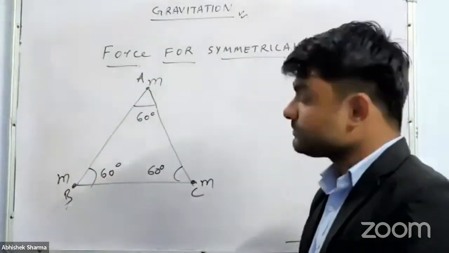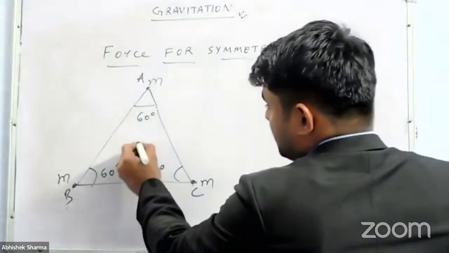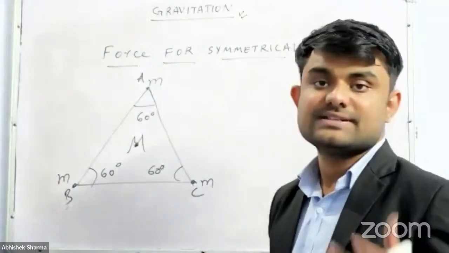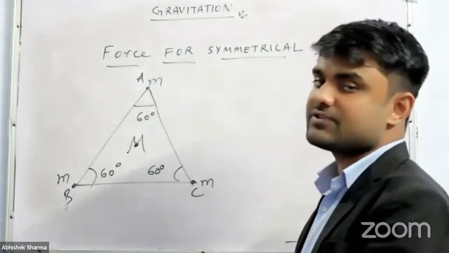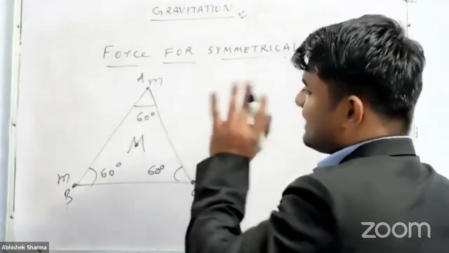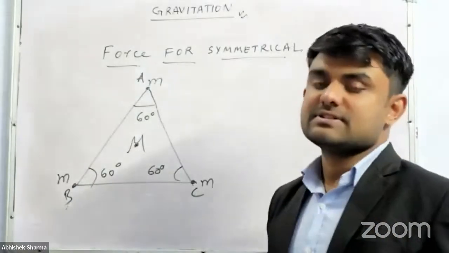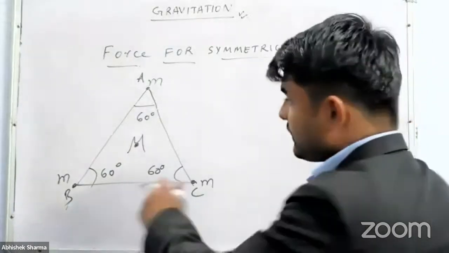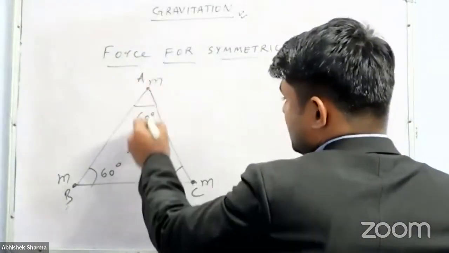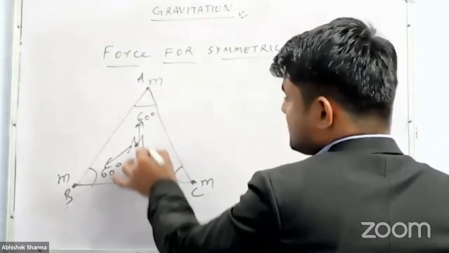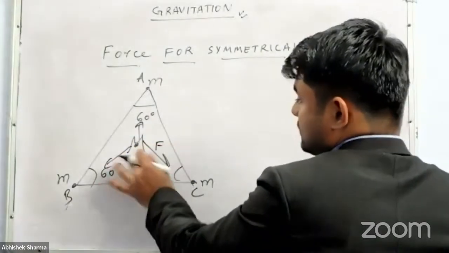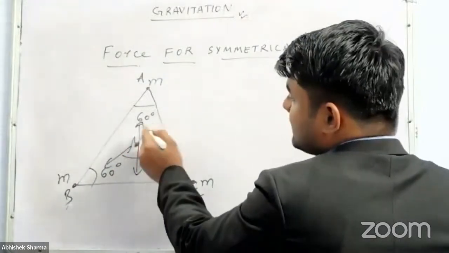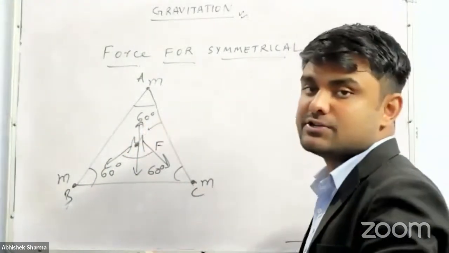Students, if the mass is at the center, the centroid, the geometrical center, then by the property of symmetric forces, the net force on symmetrical structures will be zero. You can also find it out here. This attractive force will be this, this force. The net of these two forces will be anti-parallel to this vector and the same in magnitude.